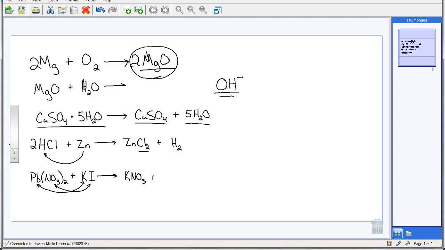Okay. Secondly, now our lead is going to be with our iodine, so we end up with PbI2, because we know that lead has a +2 charge because it was lead II nitrate, and iodine has a -1 charge, meaning that I need 2 iodines for every 1 lead, just like we did up here with the zinc chloride.